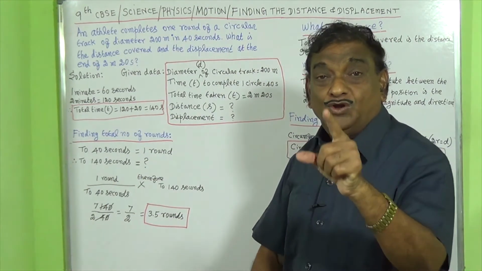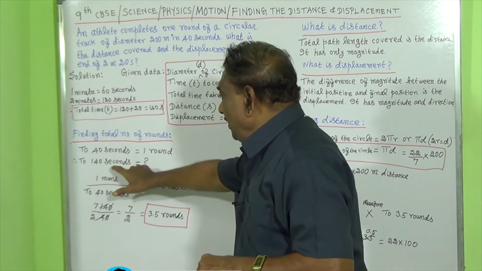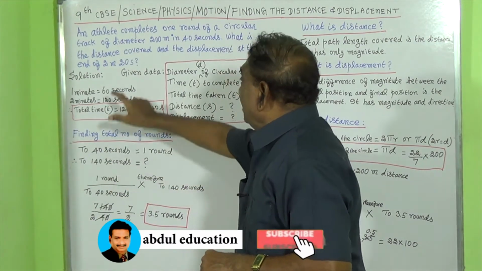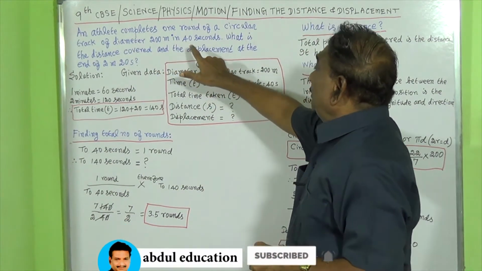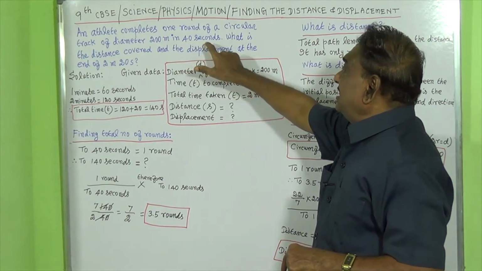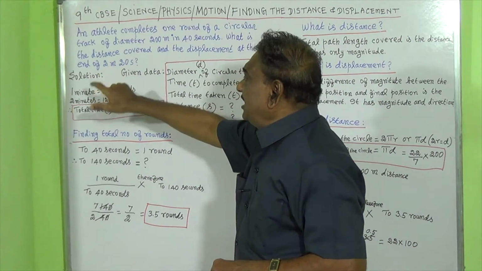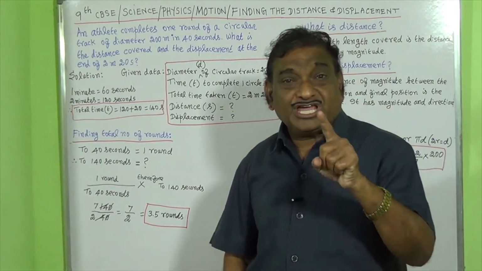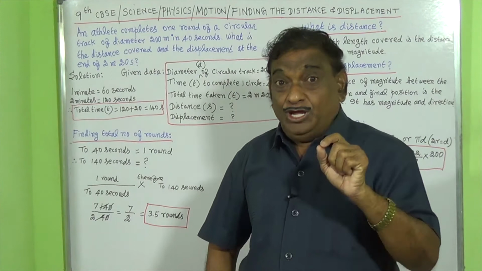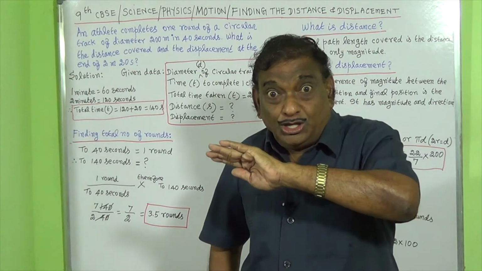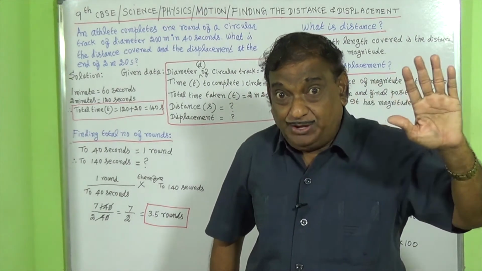Therefore, 2 minutes 20 seconds equals 140 seconds. How do we get 140 seconds? Here, the unit of the time is given as seconds, and here the time is given as 2 minutes 20 seconds. We know that all the units should be the same.